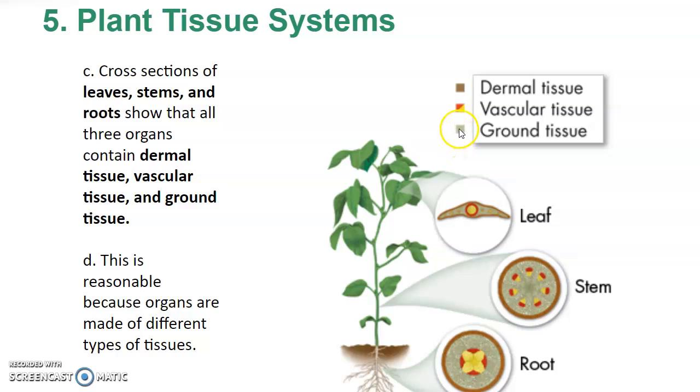And finally, ground tissue. That's this grayish color stuff in here. It's in the leaf, it's in the stem, and it's in the root. So all three of the organs, leaves, stems, roots, have all three of the tissues: dermal, vascular, and ground.